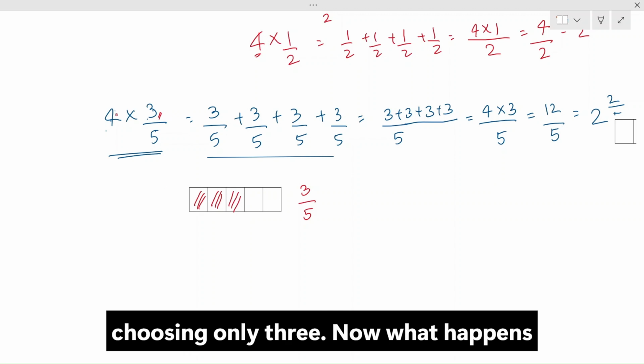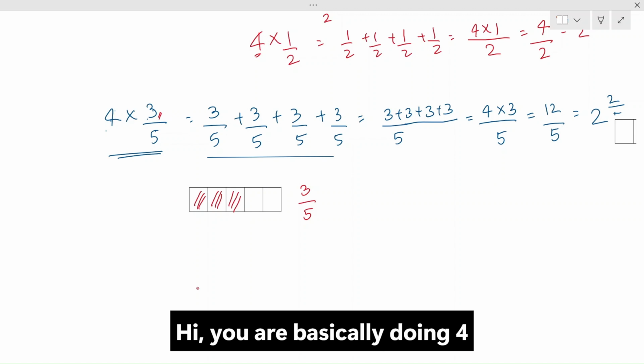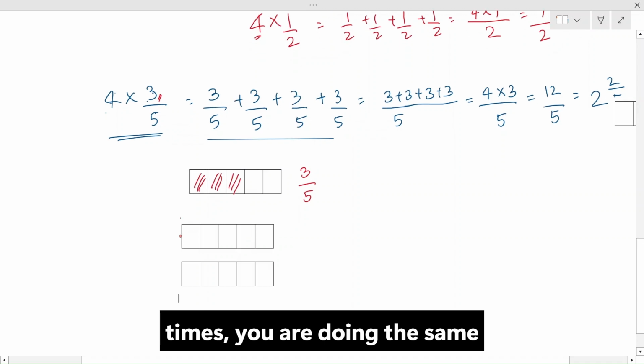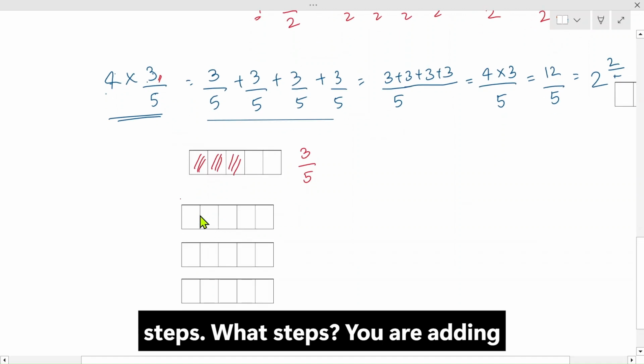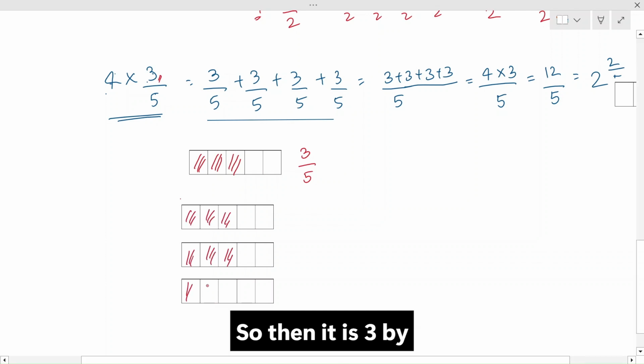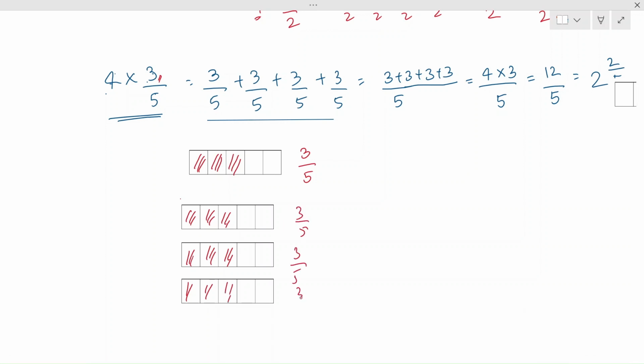Now what happens when you are actually saying 4 times 3 by 5? You are doing the same steps 4 times. What steps? You are adding 3 by 5, 4 times, right? So it is 3 by 5, 3 by 5, and 3 by 5 again.